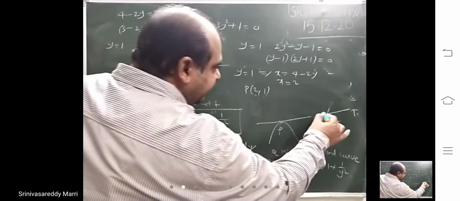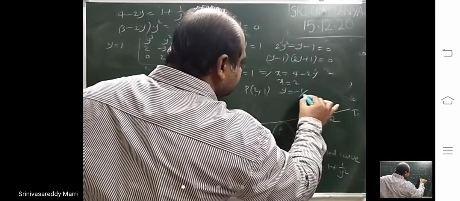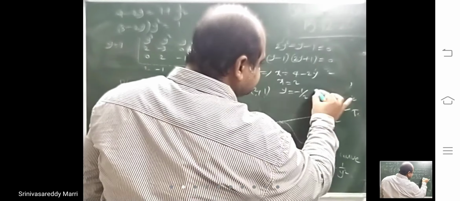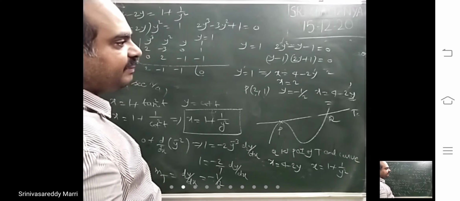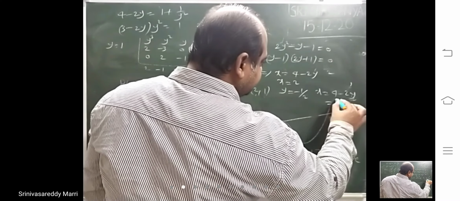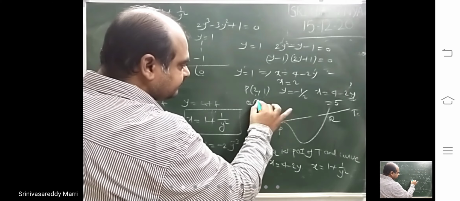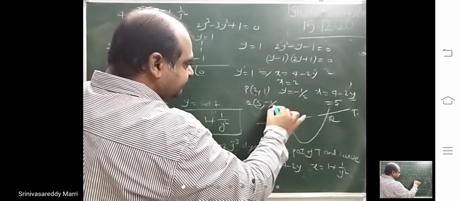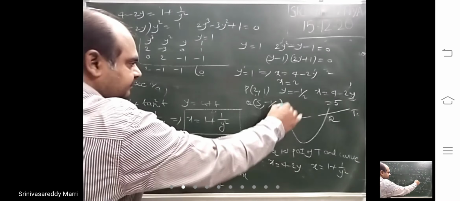You want point Q. That means y is minus 1 by 2. y is minus 1 by 2 means x is 4 minus 2y. If you substitute minus 1 by 2, that is 5. So therefore, Q point is nothing but 5 comma minus 1 by 2.